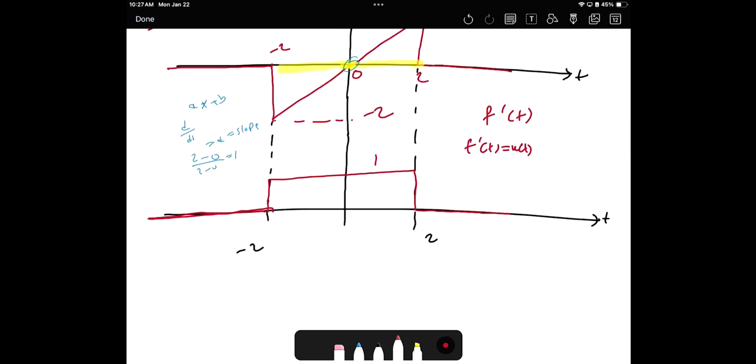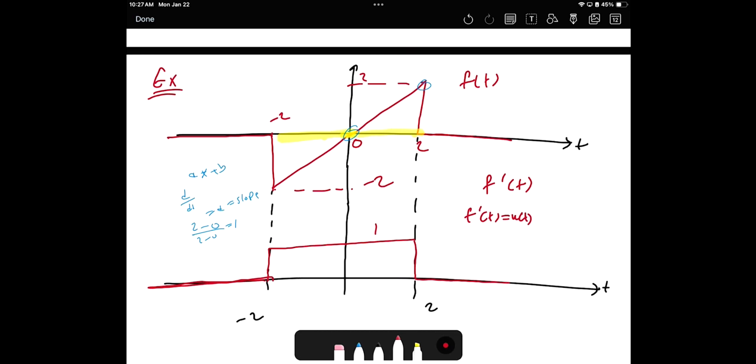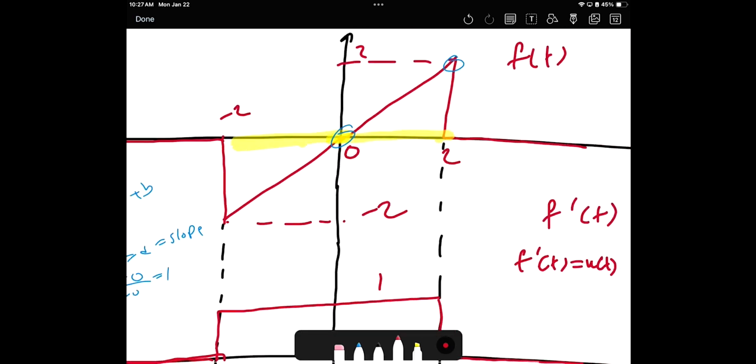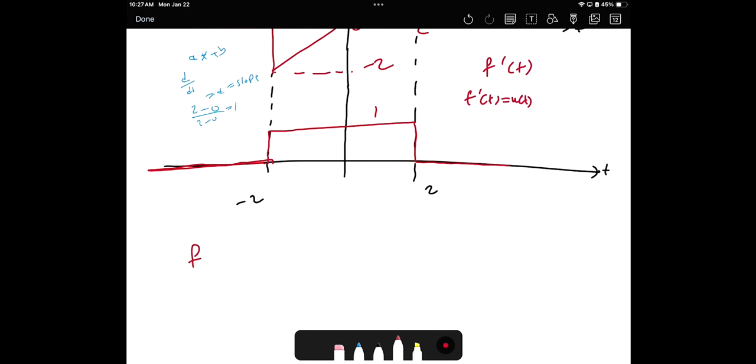So this is the first way. There is another way, which is finding the mathematical formula. As I told you earlier, this is a ramp. Then let's find the equation, since we found the slope. So I will say let's find f of t.